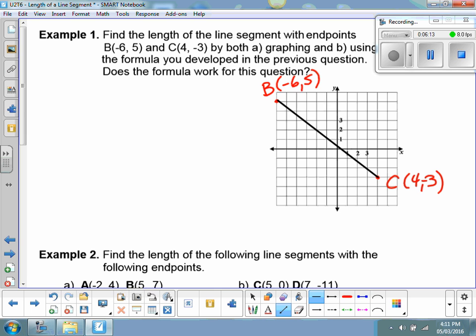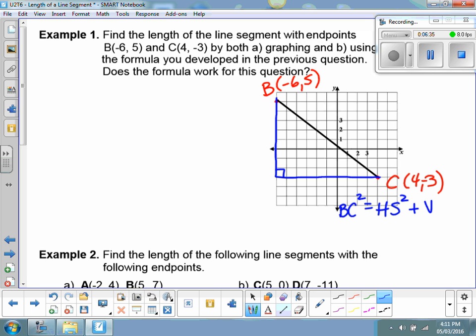If I'm working with the graphing, I need to know the length of the horizontal side here and the length of the vertical side here, so I can use the Pythagorean theorem. So in this case, I'm trying to find BC. So it's like BC squared equals the horizontal side squared plus the vertical side squared.